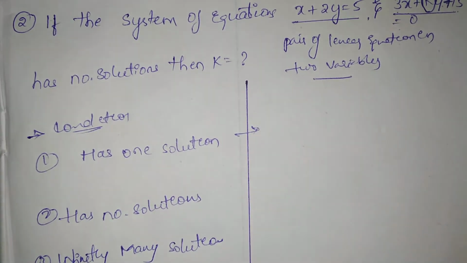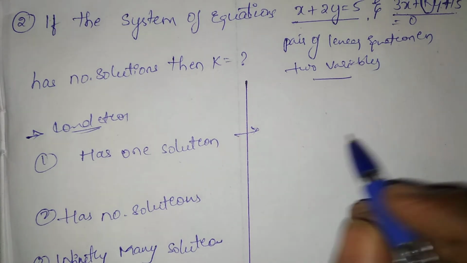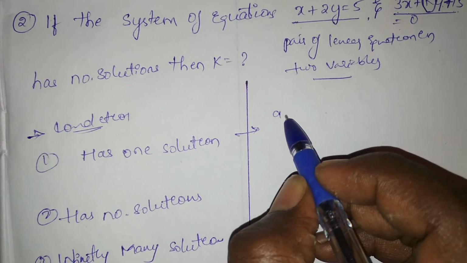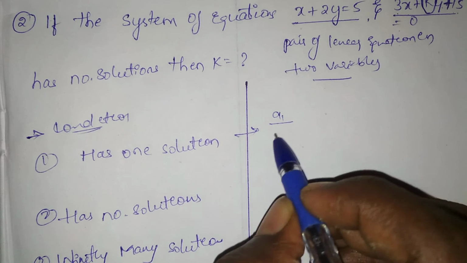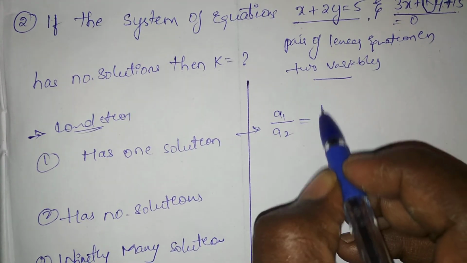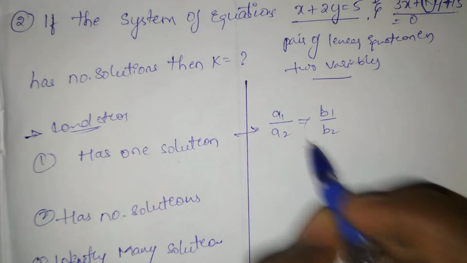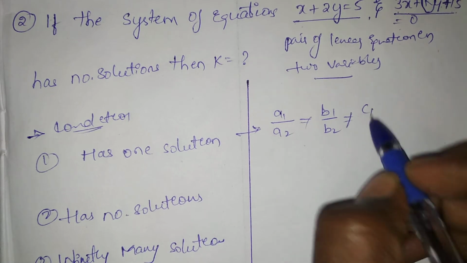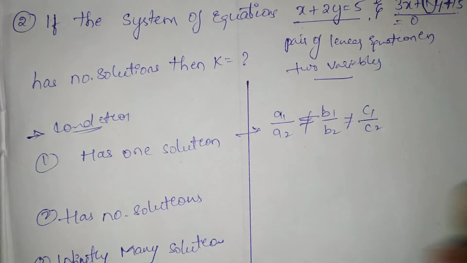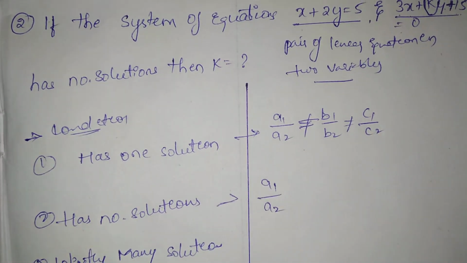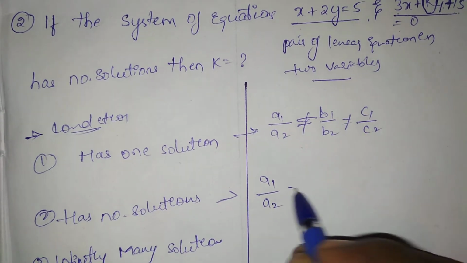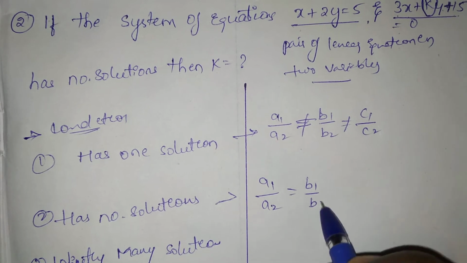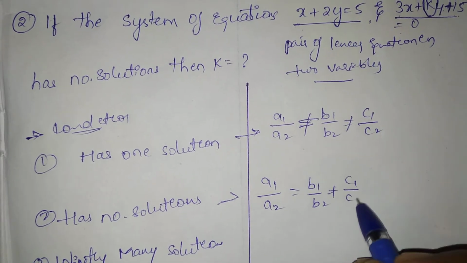Here, for only one solution, a1 by a2 is not equal to b1 by b2, and it is not equal to c1 by c2. For no solutions, a1 by a2 is equal to b1 by b2 is not equal to c1 by c2.